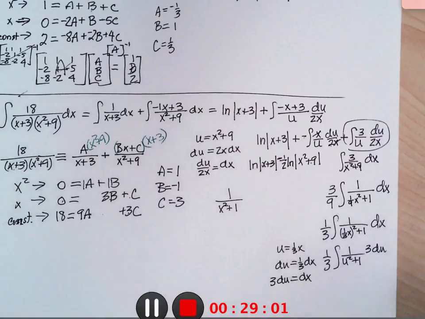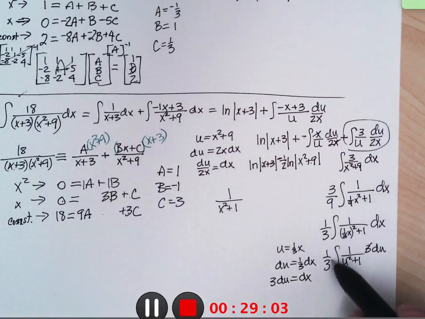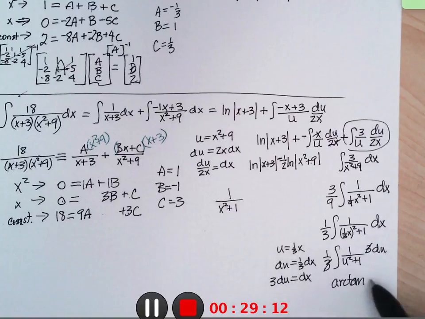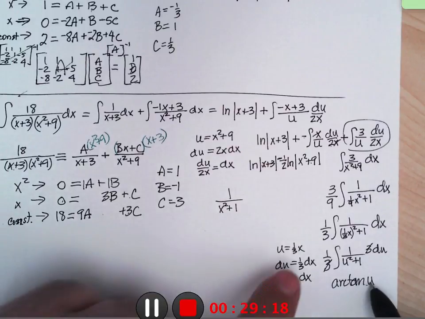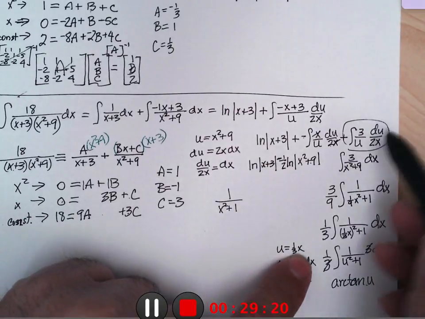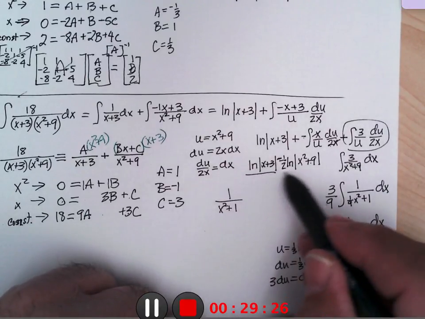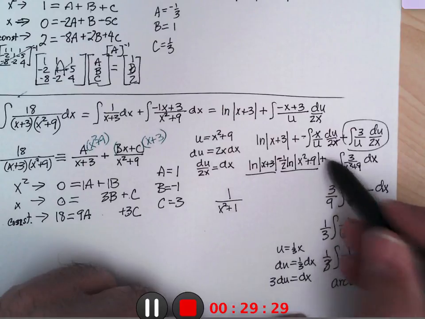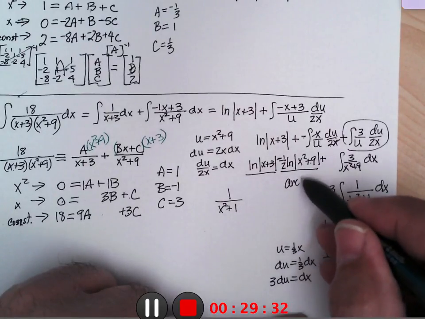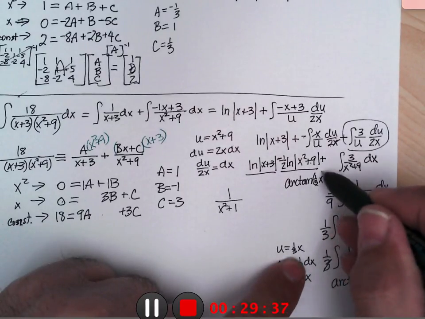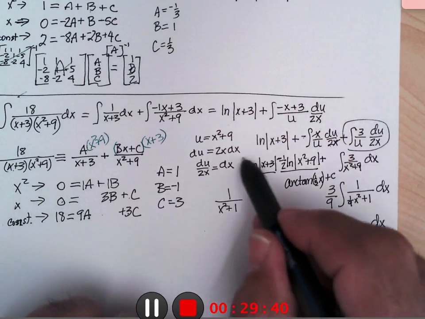And this 3 would cancel this 3, so I have the integral of that, which is just arctangent of u, and u was 1/3 x, so this last part becomes, I have this minus this plus arctangent of 1/3 x plus c. And so here is the final answer to this antiderivative.